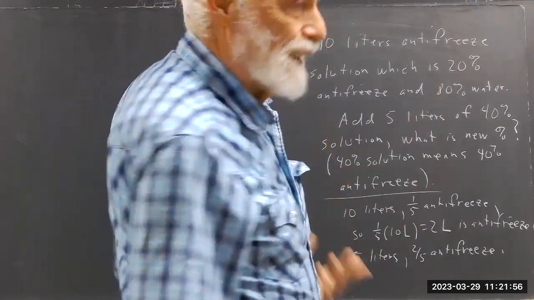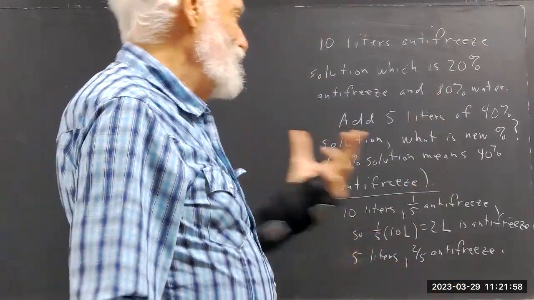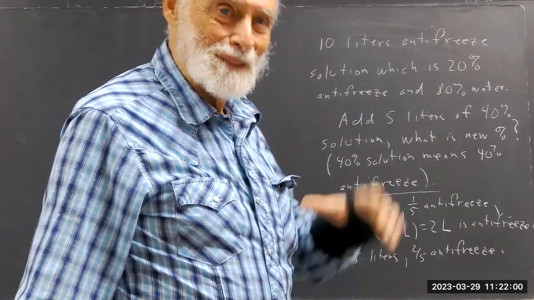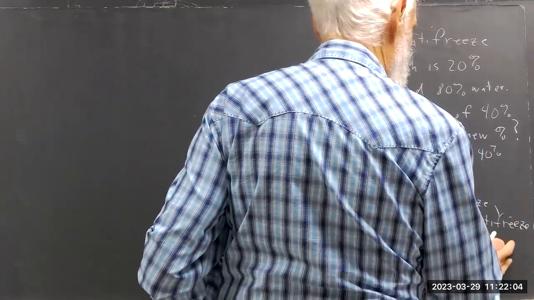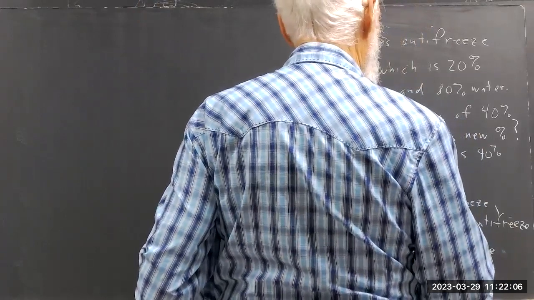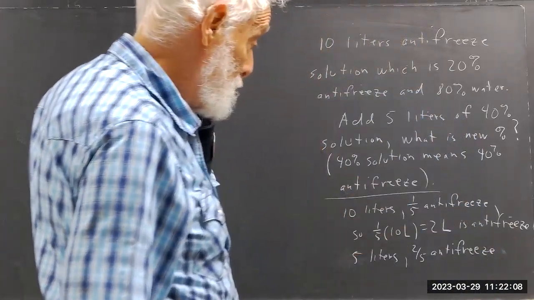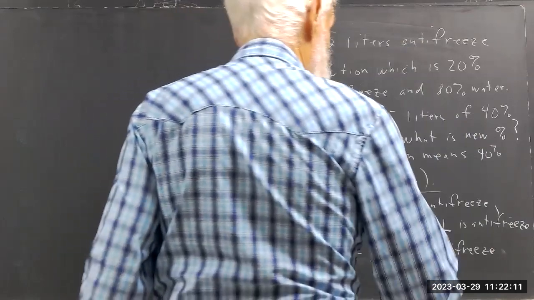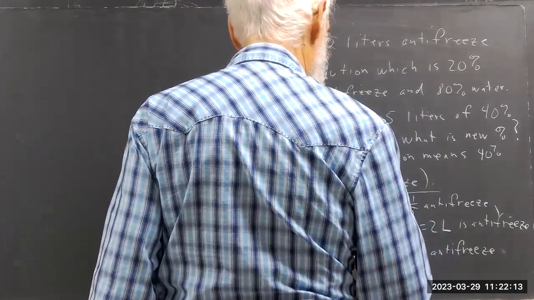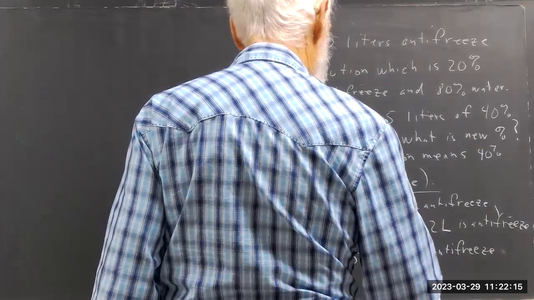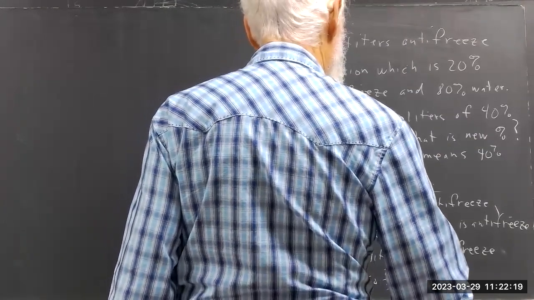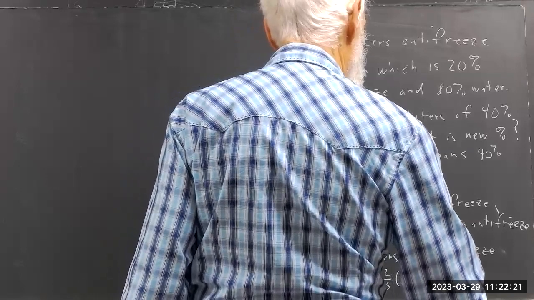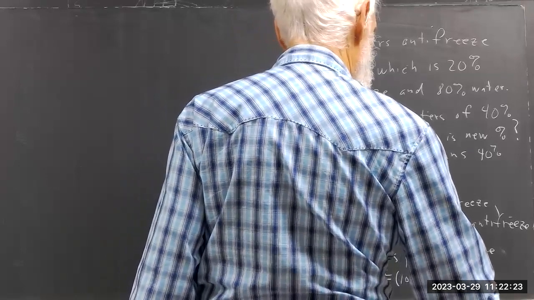And not everybody, unfortunately, would know that immediately, but everybody in the class was extremely well prepared for this class. People know this. So 5 liters, 2/5 antifreeze. Two-fifths of 10 liters equals, coincidentally, 2 liters.